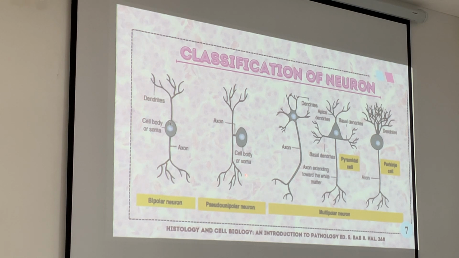And there's also the pseudo multipolar neuron, where only one dendrite protrudes from the pericardium, but this one dendrite will be divided into more branches. So like this one protrudes as a dendrite, and then this dendrite will be divided into two main branches.